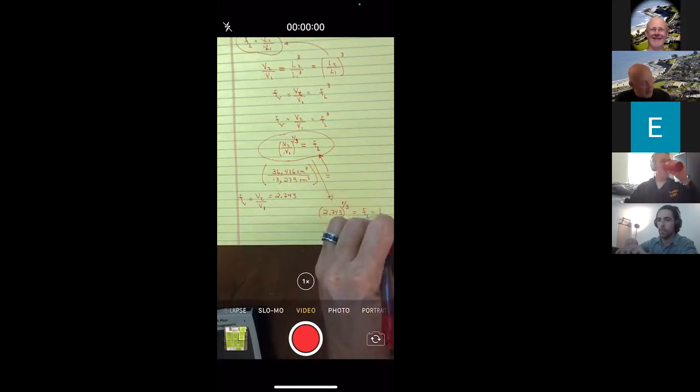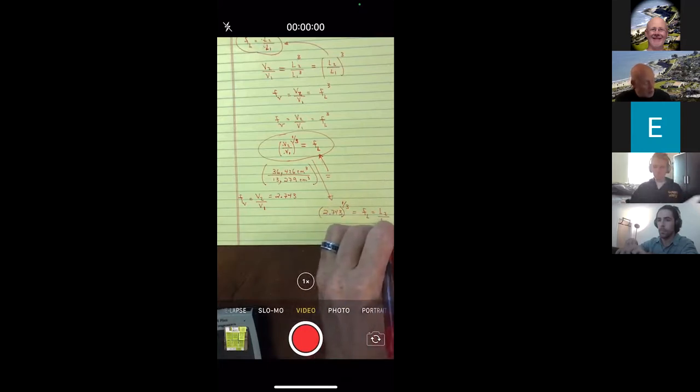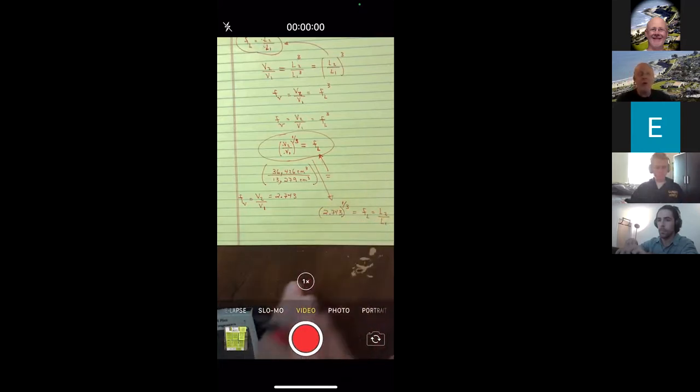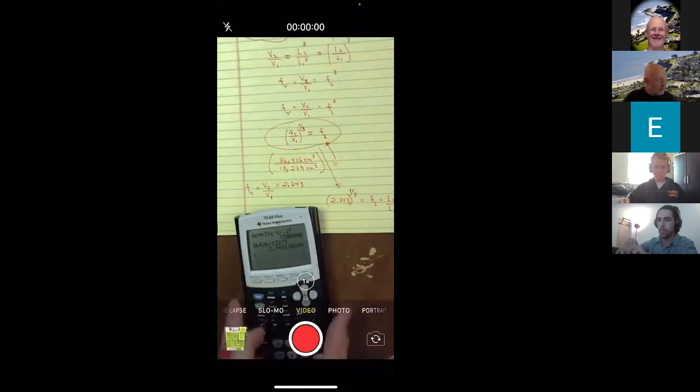In other words, how much longer is aquarium 2 compared to aquarium 1. So I'm going to take that number and raise it to a power of 1/3.